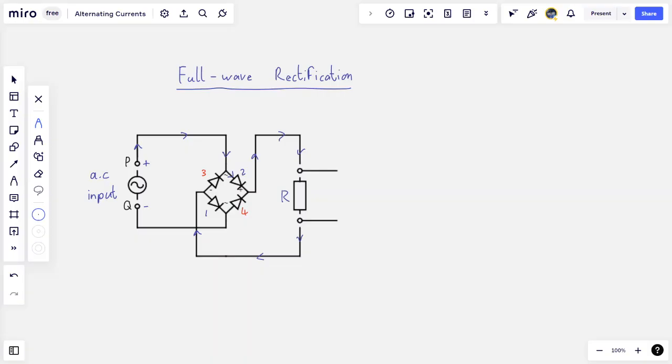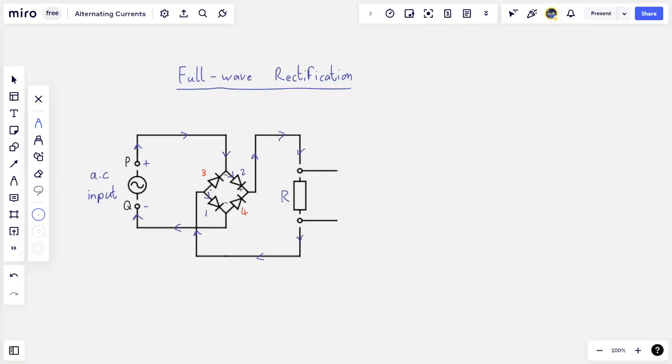It would have infinite energy and continue this loop indefinitely, which is not possible. It needs to get back to the negative terminal. So it will flow through diode 1 and simply go back to the negative terminal. And so we've traced the direction of the current when P is positive and Q is negative. It makes a complete loop of the circuit.